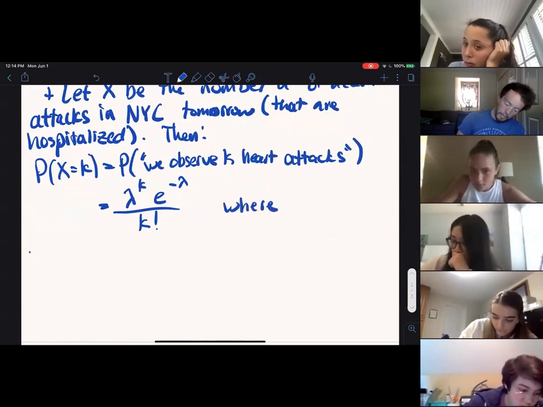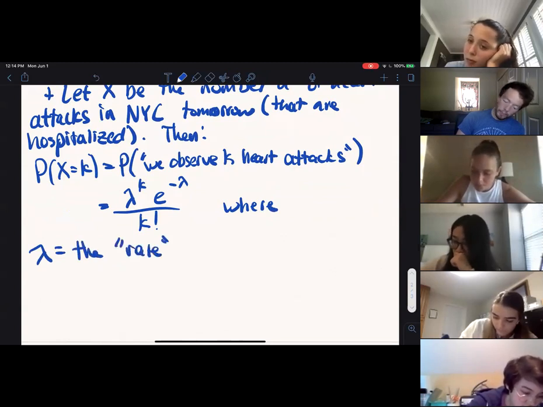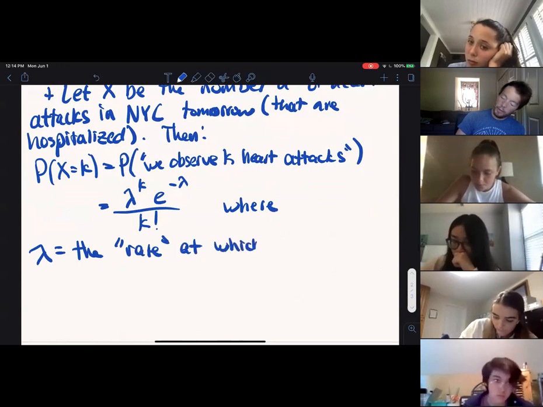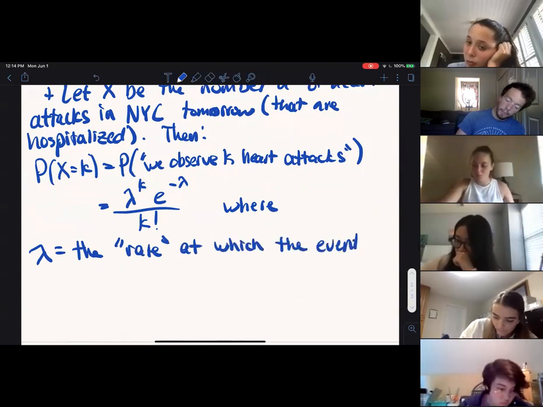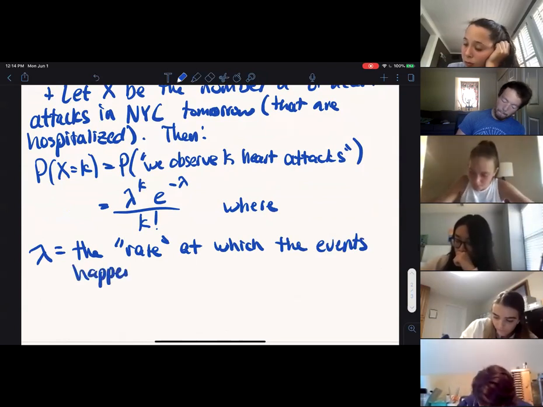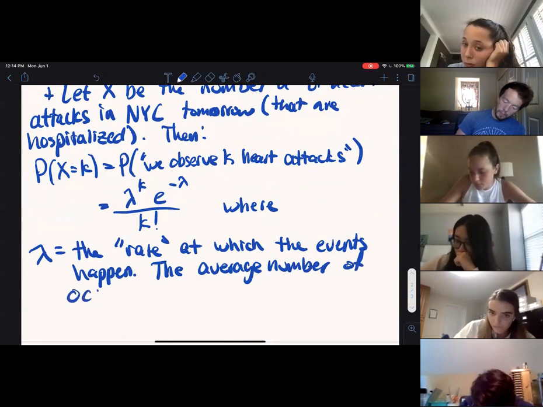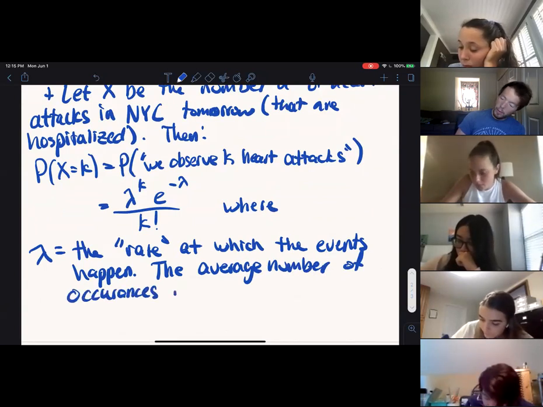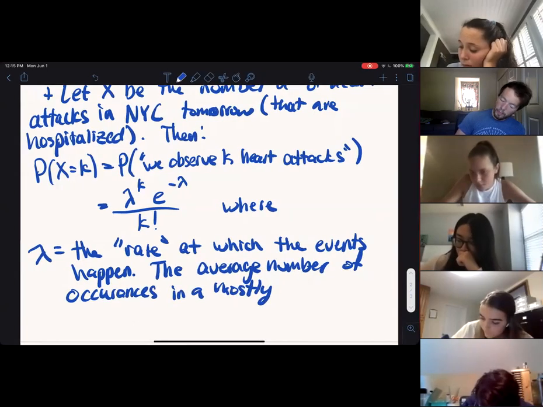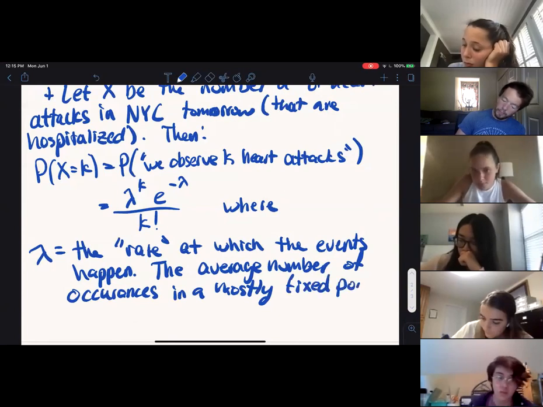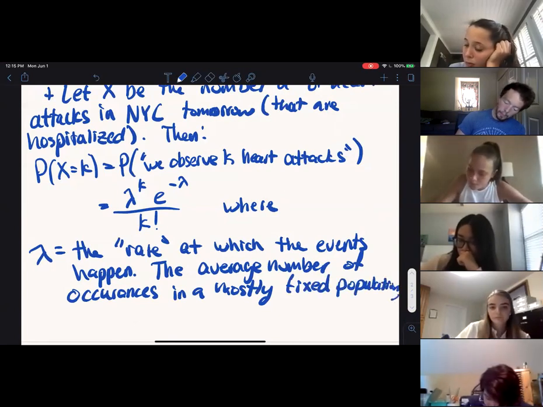where lambda is equal to the rate at which the events happen, or the average number of occurrences in a mostly fixed population for a fixed interval of time.